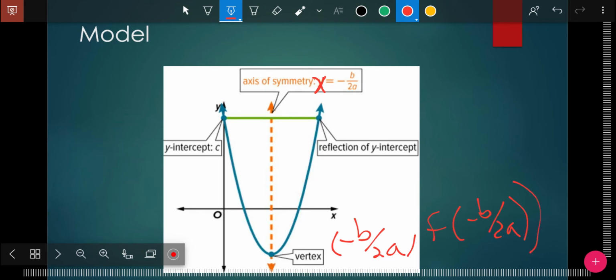And then that whole thing is your vertex. The c is your y-intercept. And so right here it says reflection of y-intercept. So let's say this is 2 away from the axis of symmetry. Then this one is also going to be 2 away from the axis of symmetry.